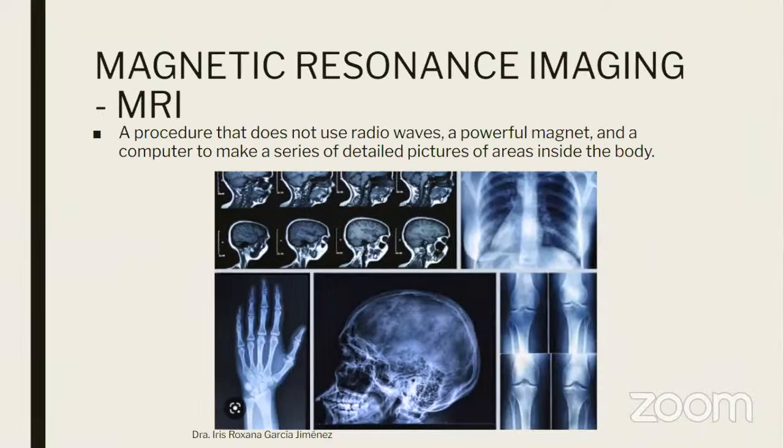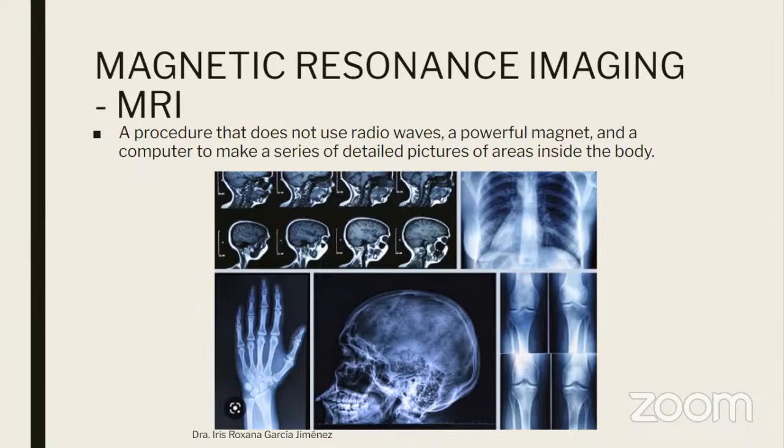Let's talk about the MRI, magnetic resonance imaging. In my opinion, the resolution is higher, and so far it's much better. This procedure doesn't use radiation, they don't require radio waves, okay?